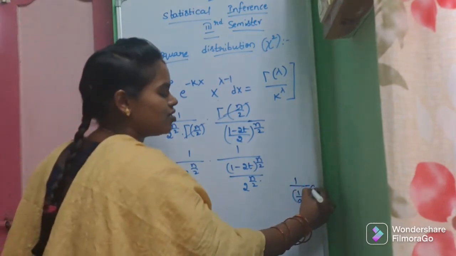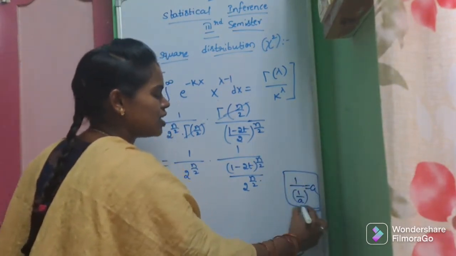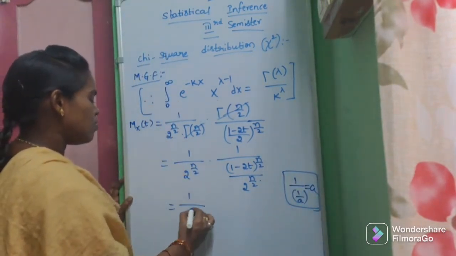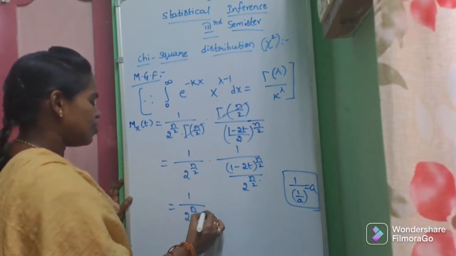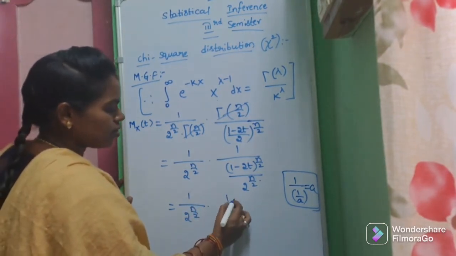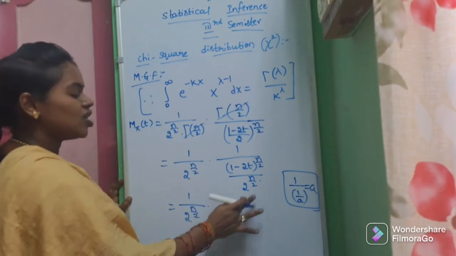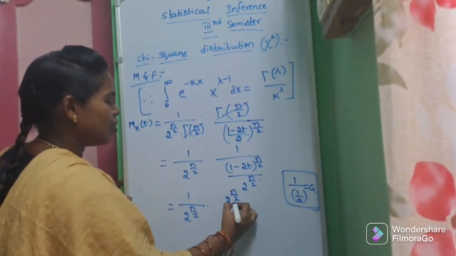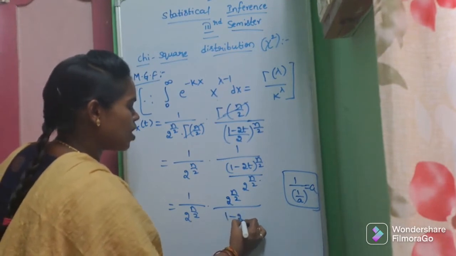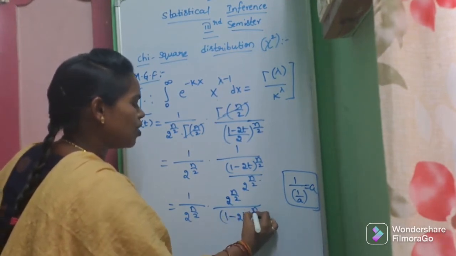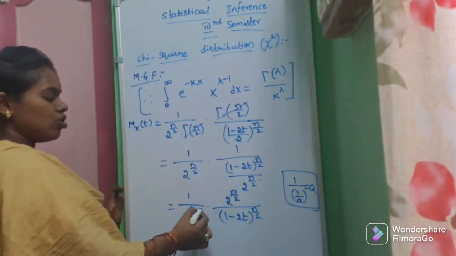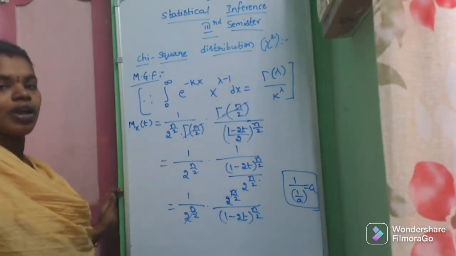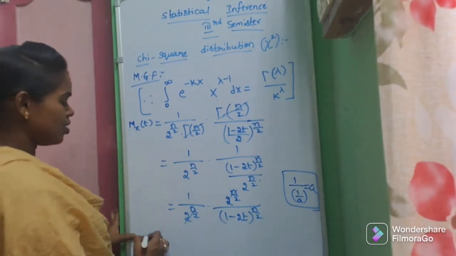So we can write it as a based on this condition. 1 by 2 power n by 2 into, this denominator moves to the numerator: 2 power n by 2 by (1 minus 2t) whole power n by 2. In both the numerator and denominator we have 2 power n by 2, so I am just cancelling.